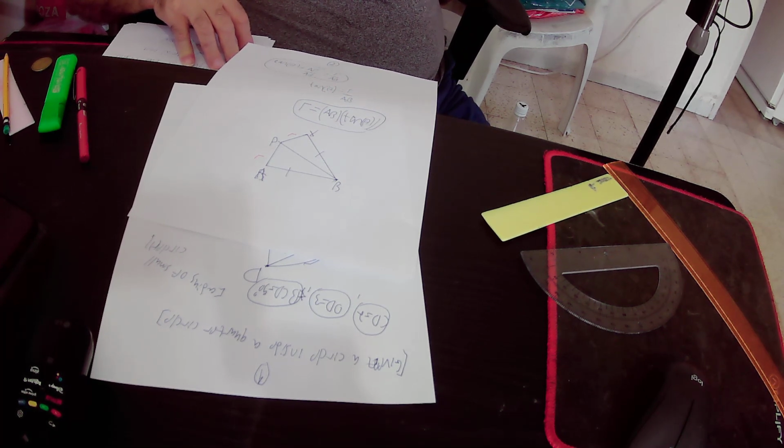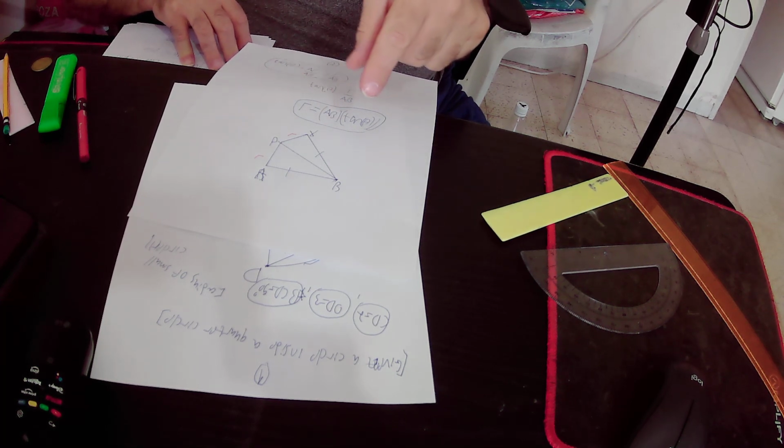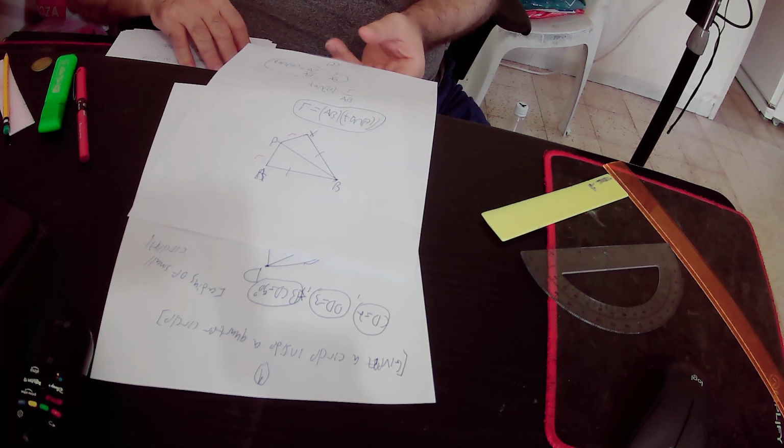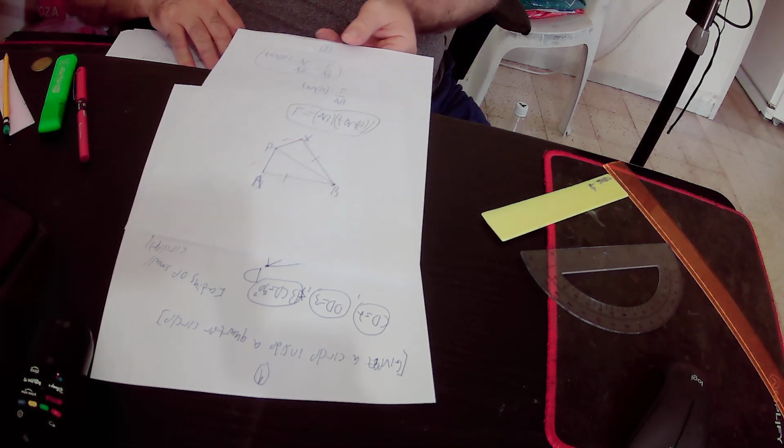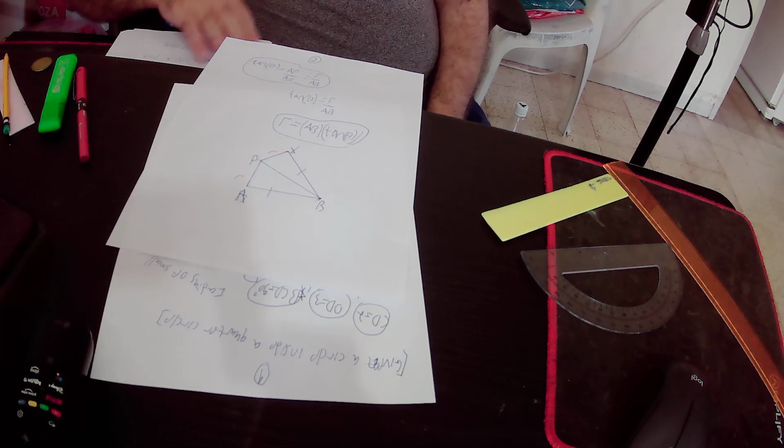Okay, and also AB equals BX. AB equals BX according to the two tangents theorem.